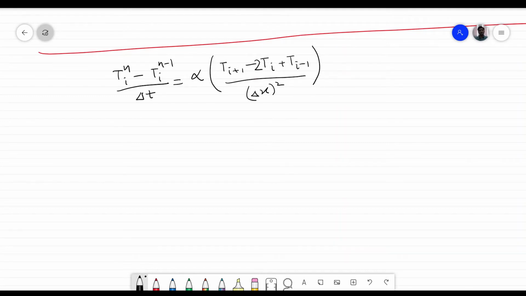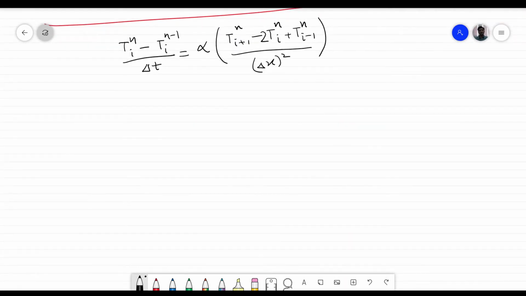And all of the right hand side is at the nth time step. Now let us take all the nth time step terms to one side and write their coefficients.